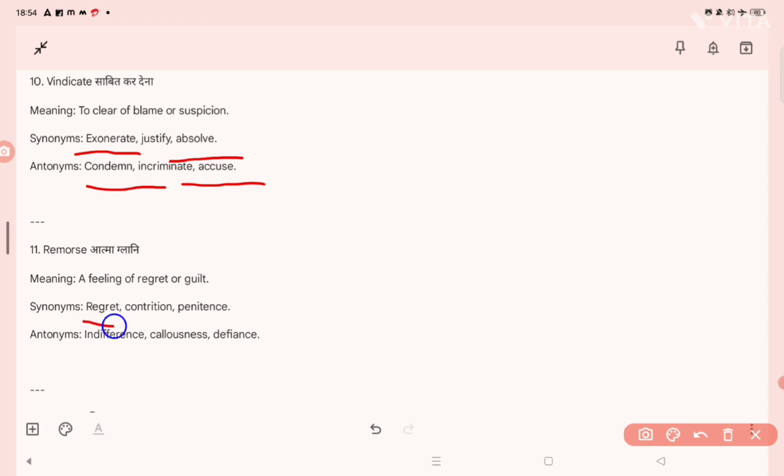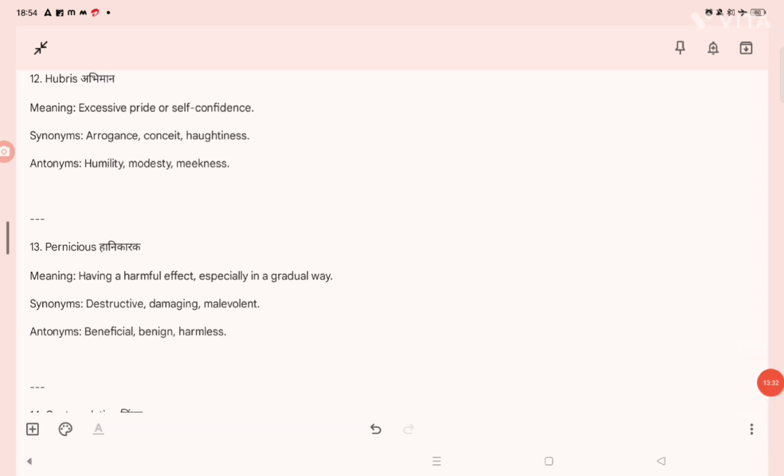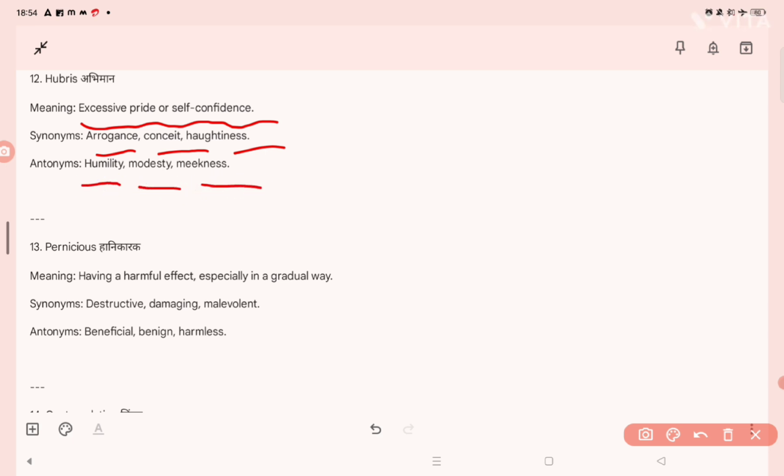Remorse: regret, contrition, penitence. Indifference, callousness, defiance. Hubris: excessive pride or self-confidence, arrogance, conceit, haughtiness. Humility, modesty, meekness. Pernicious: destructive, damaging, malevolent.